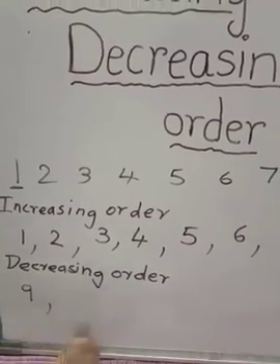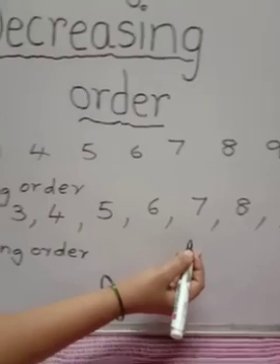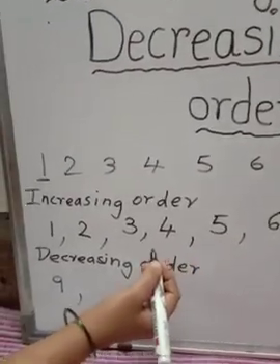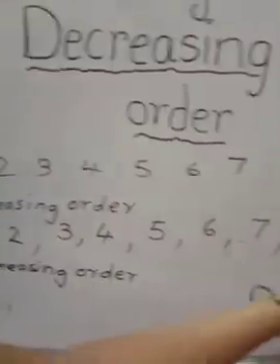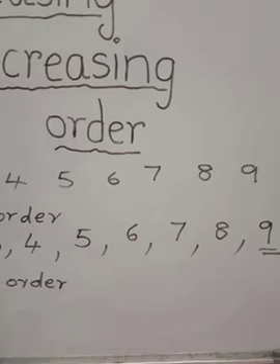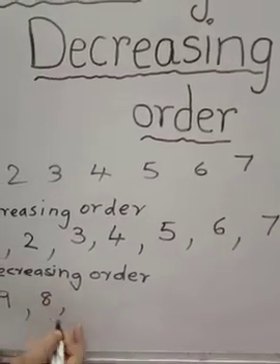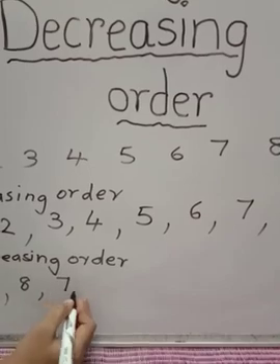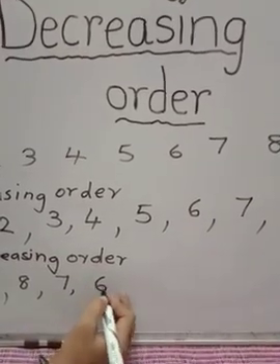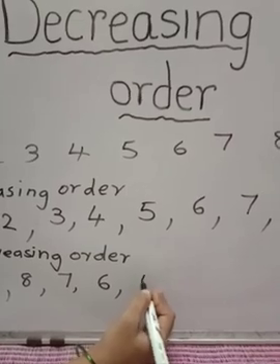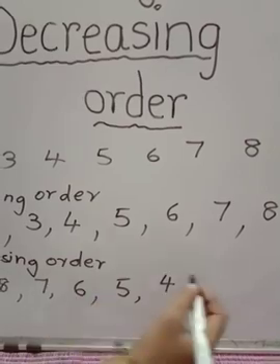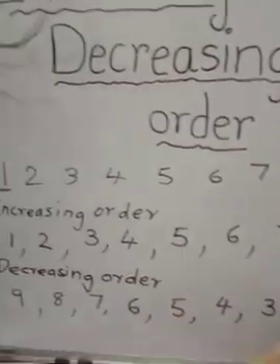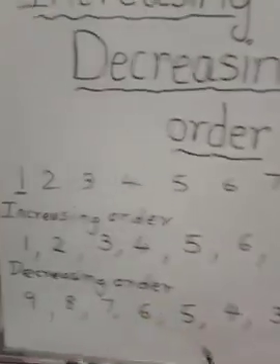Then we will go in reverse order, which we studied in the last period when we were doing numbers 1 to 9, reverse order. So after 9 we will write 8, then 7, then 6, then 5, then 4, then 3, then 2, and the last, smallest number is 1.